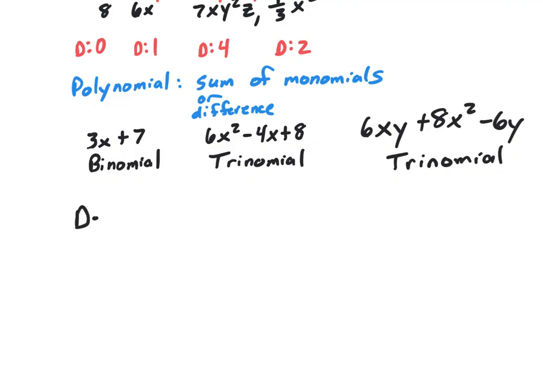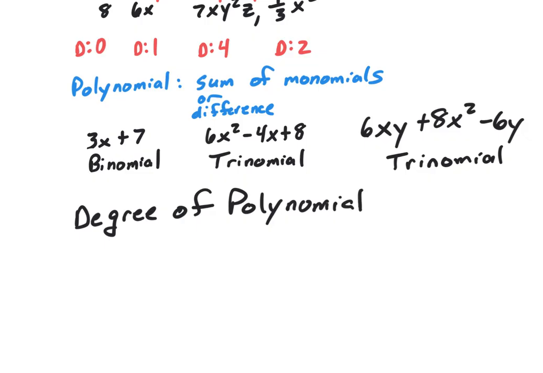Okay, if I wanted to find the degree of a polynomial. So we talked about how to find the degree of a monomial if it was just one term, but what happens if there's 3 or 4 terms in a polynomial?